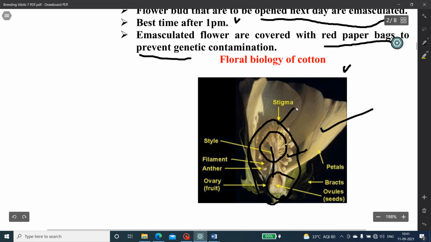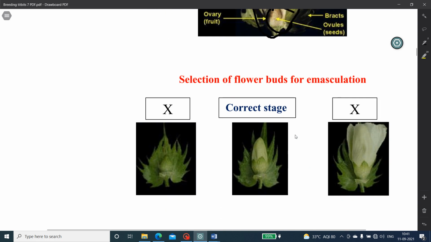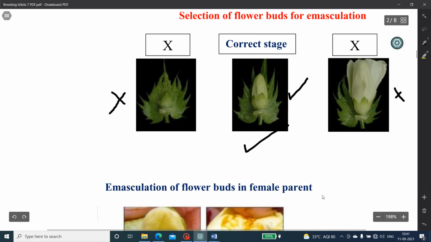The male part should be removed completely. You have to select the flower buds carefully, which is more important. You should not select this one or a completely opened flower. This is the correct stage of flower bud you have to select, which will open the next day, and in this bud you do the emasculation.